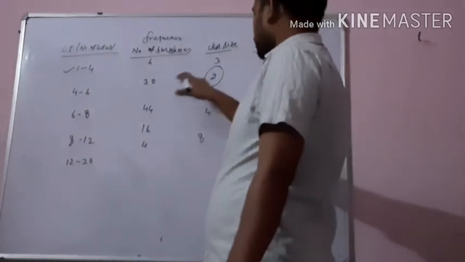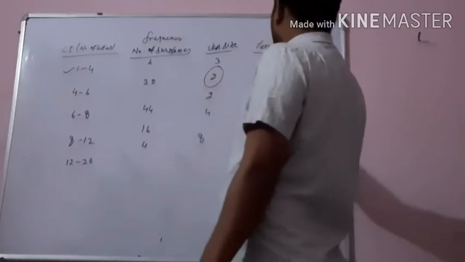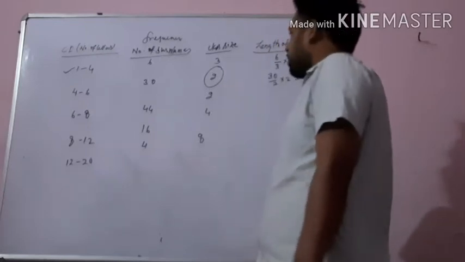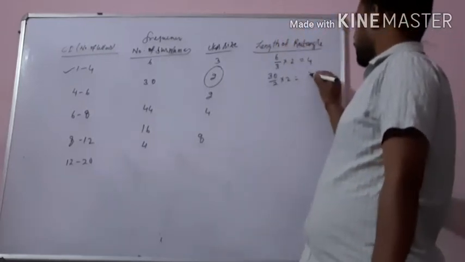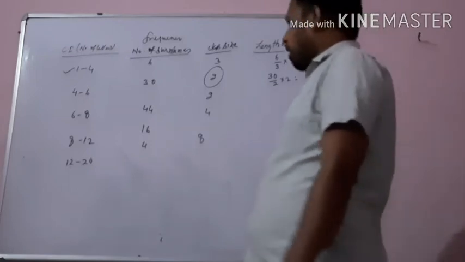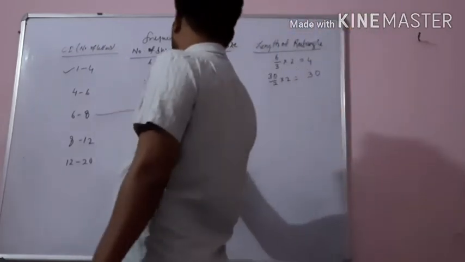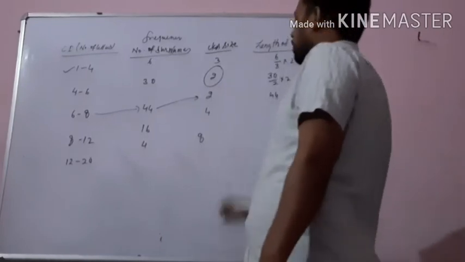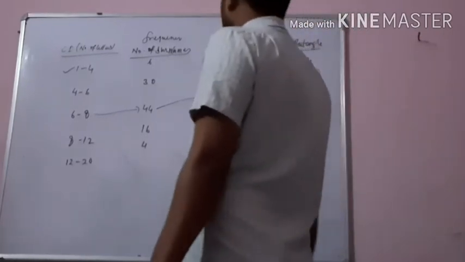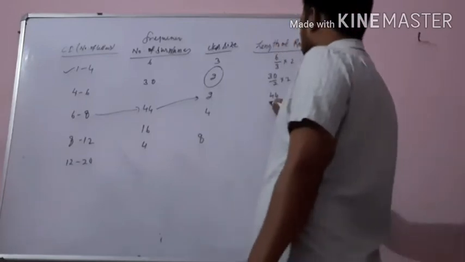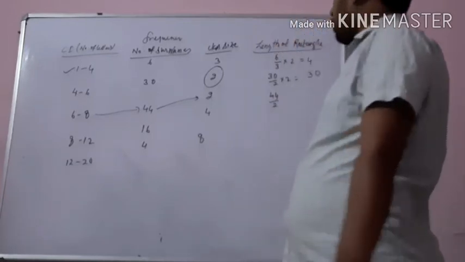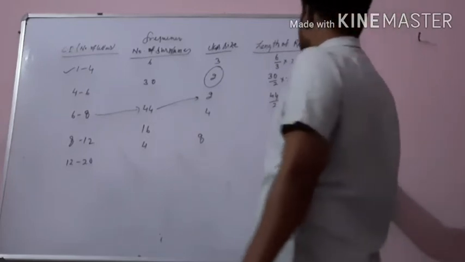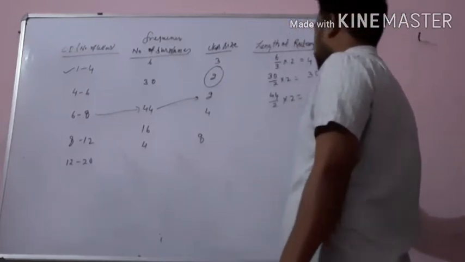Now again see, 30 upon 2 multiplied by 2 gives 30. Next group: what is the frequency? 44, and the class size is 2, and the minimum class size is 2. 44 upon 2 is 22, and 22 multiplied by 2 is 44.